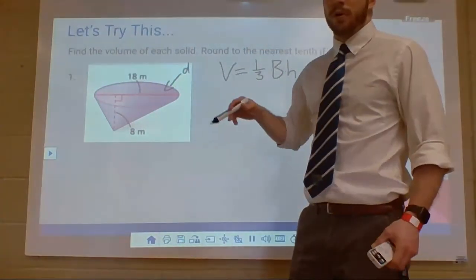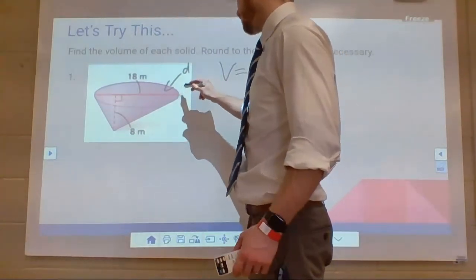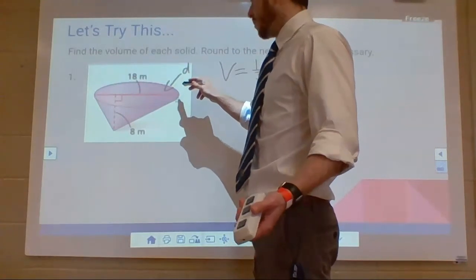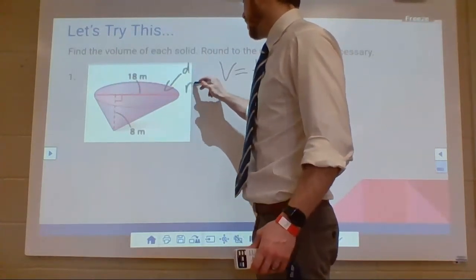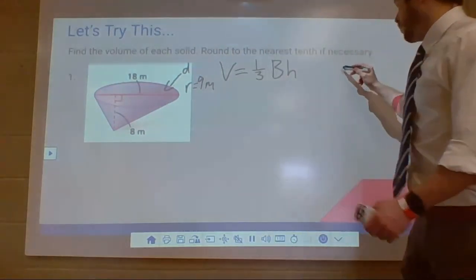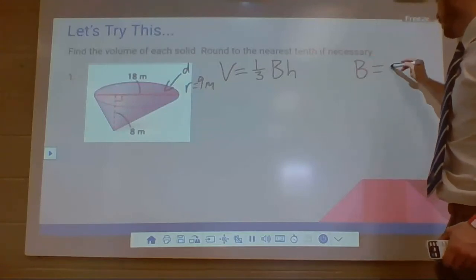Now, remember, the radius is 1/2 of the diameter. So what's half of 18? That's going to be 9, right? So the radius is 9 meters. So when we're finding the area of the base here, we use pi r squared, right?